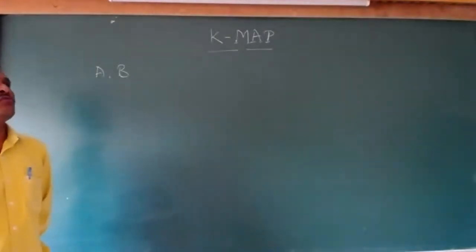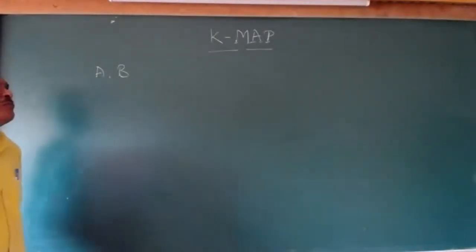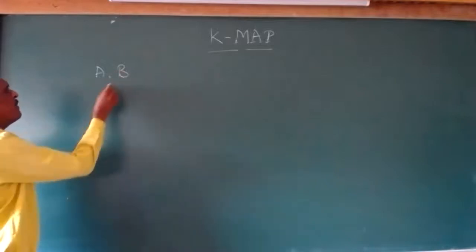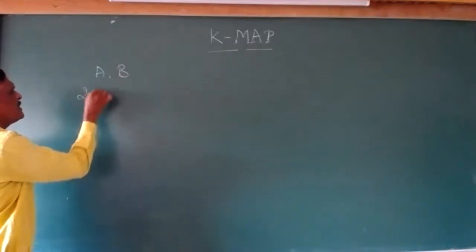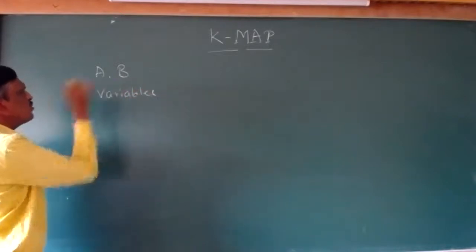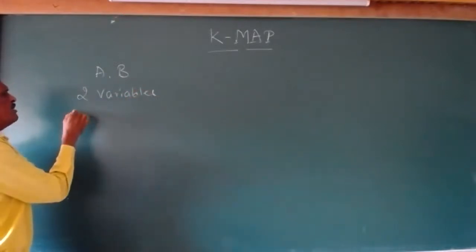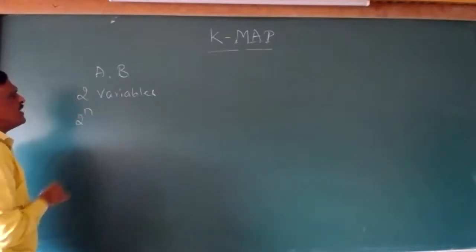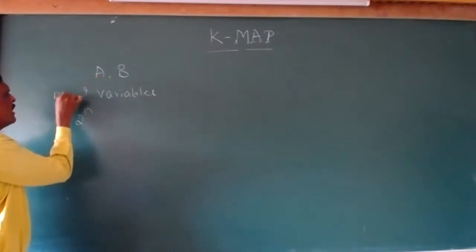For the 2 variable K-map, we know the general form, that is 2 power n. Substitute the value of n here. n is equal to 2, the number of variables.